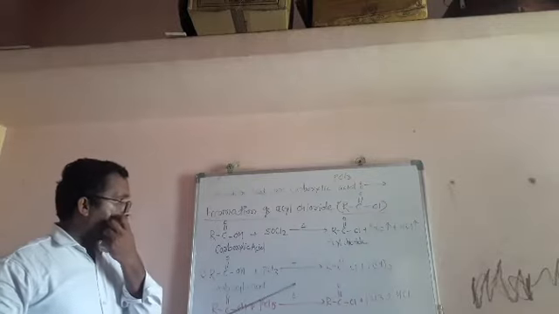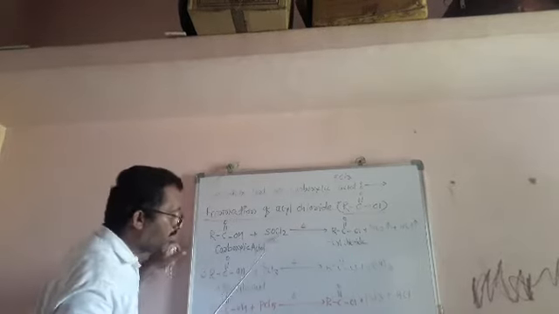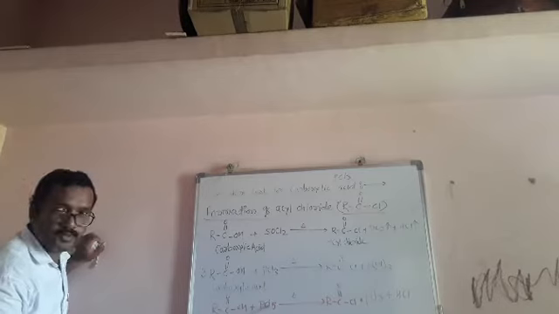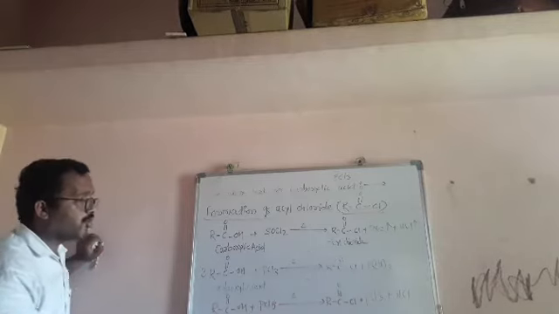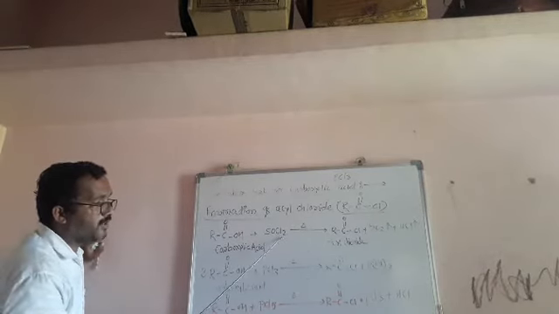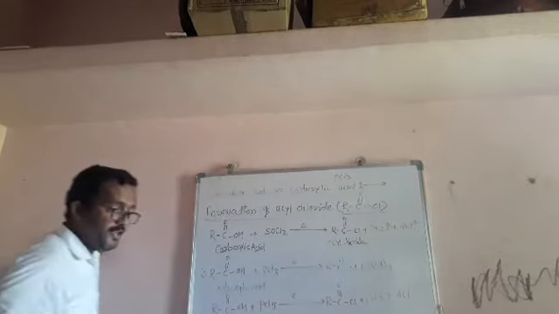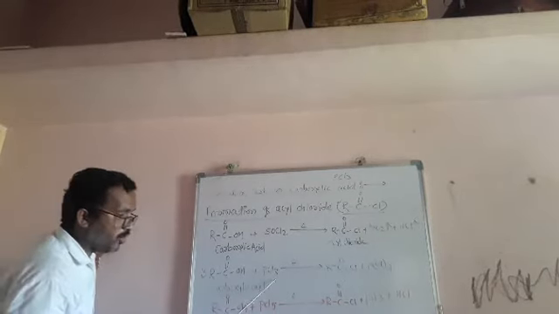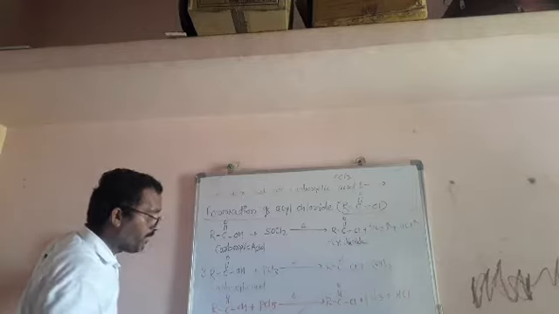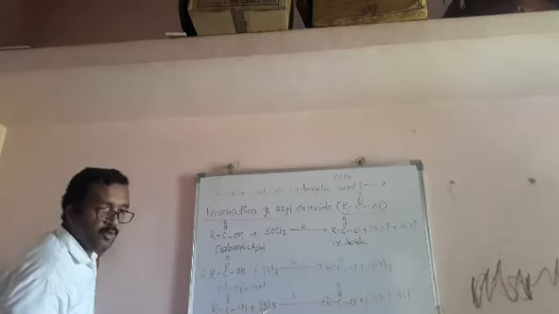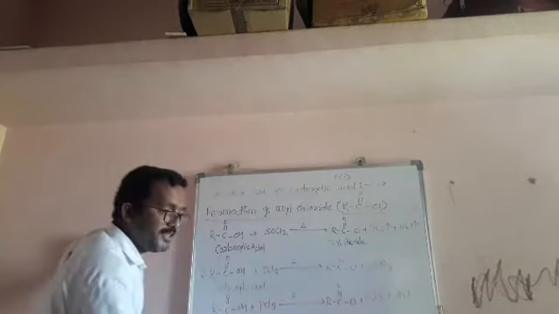First of all, when a carboxylic acid is reacted with thionyl chloride, phosphorus trichloride or phosphorus pentachloride, it gives an acyl chloride. With thionyl chloride, the carboxylic acid gives the corresponding acyl chloride along with sulfur dioxide and HCl. With phosphorus trichloride, it gives an acyl chloride along with phosphorous acid, H3PO3. With phosphorus pentachloride, it gives the corresponding acyl chloride along with POCl3 and HCl.